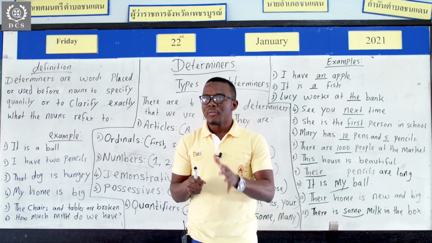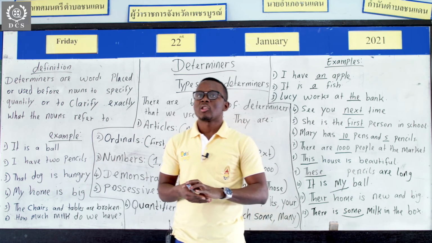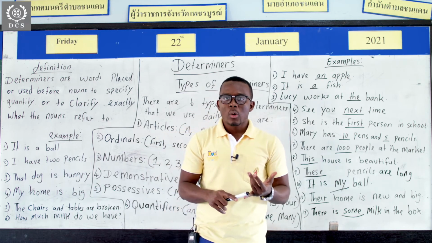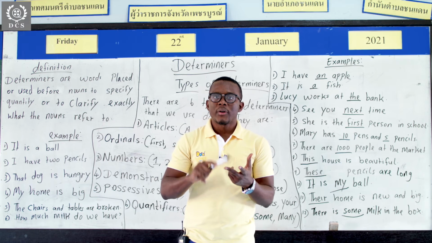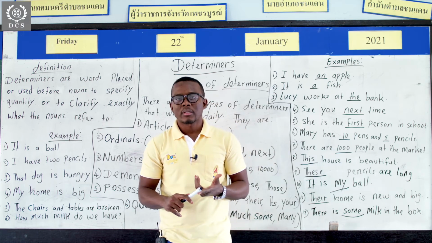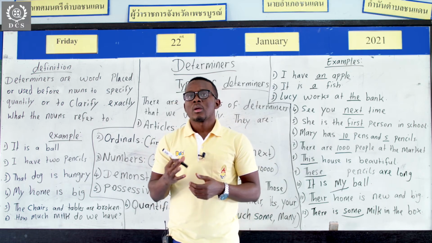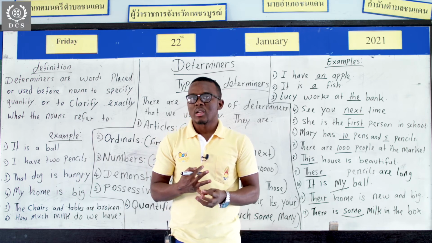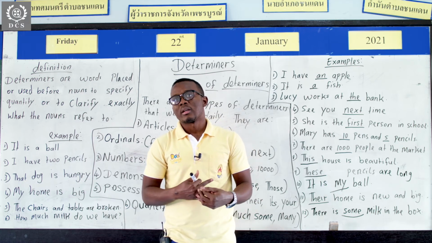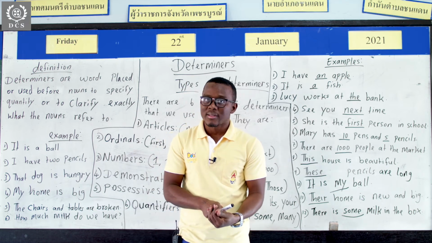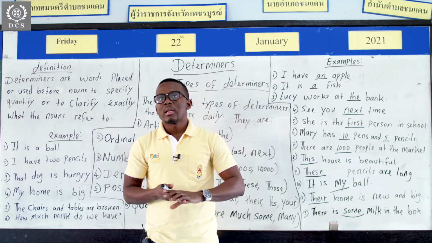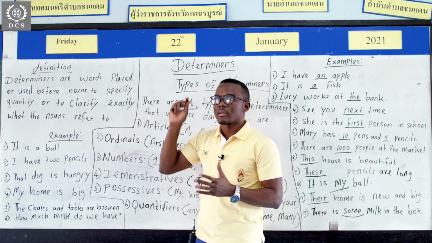There are 9 different parts of speech. We have nouns, pronouns, verbs, adverbs, adjectives, prepositions, conjunctions, interjections, and determinants. So today we are learning about determinants.